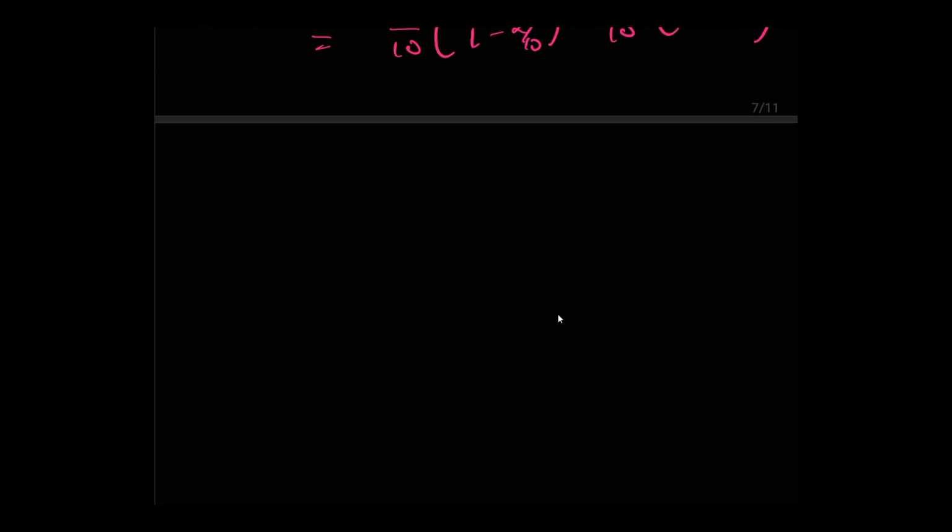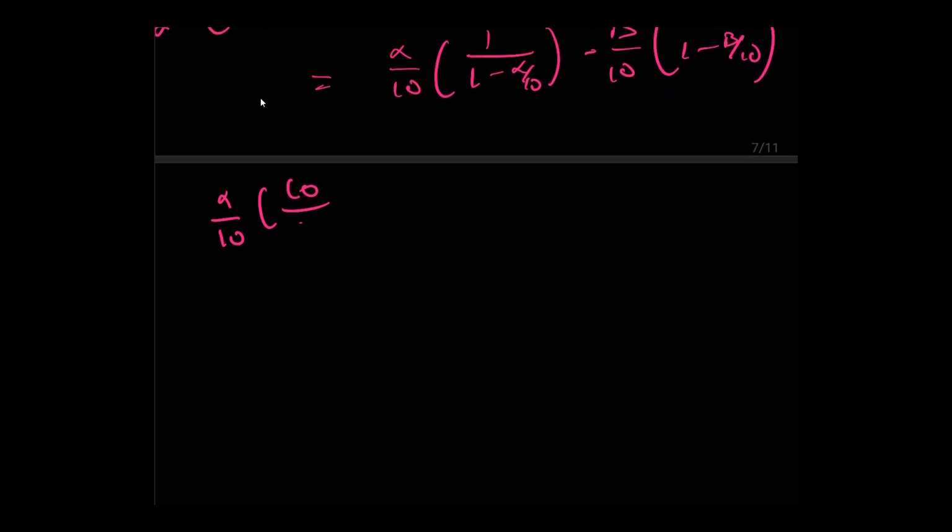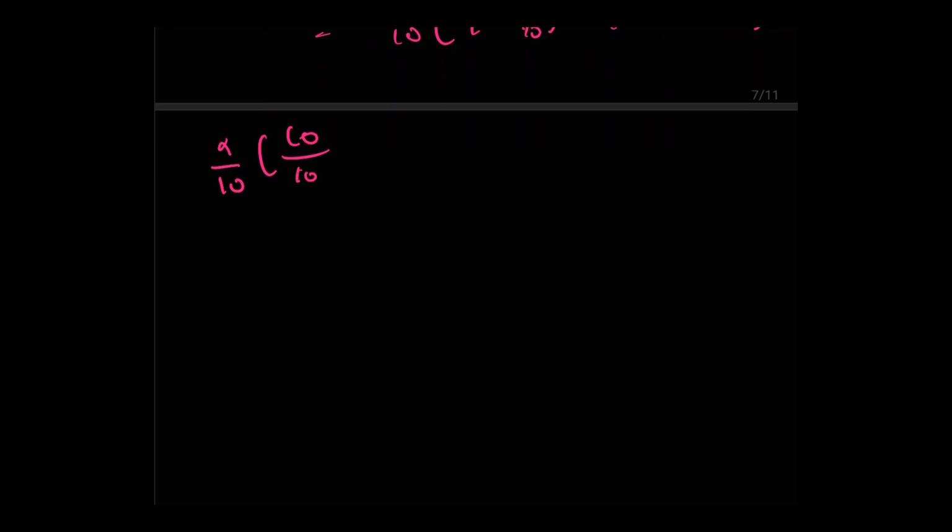That equals alpha by 10 into 10 by (10 minus alpha) minus beta by 10 into 10 by (10 minus beta).